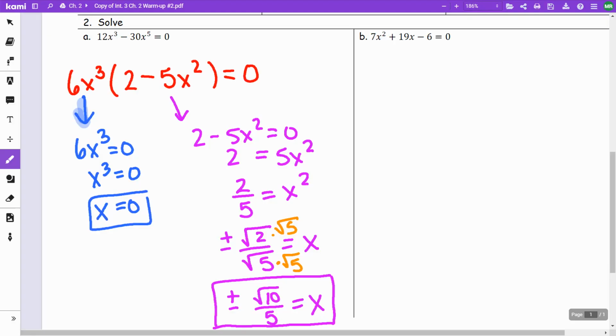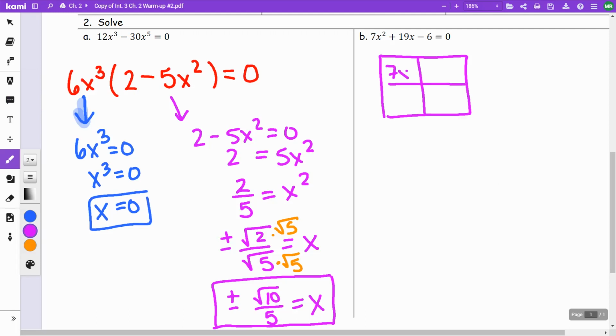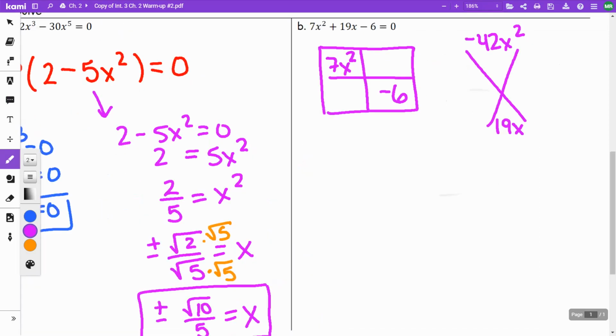And on this last one here, what we're going to do is we are again going to see if we can factor this. Let's see if it's factorable. So if I put my 7x squared here, my negative 6 here, I want to see if there's something that multiplies to negative 42x squared and adds to a 19x.